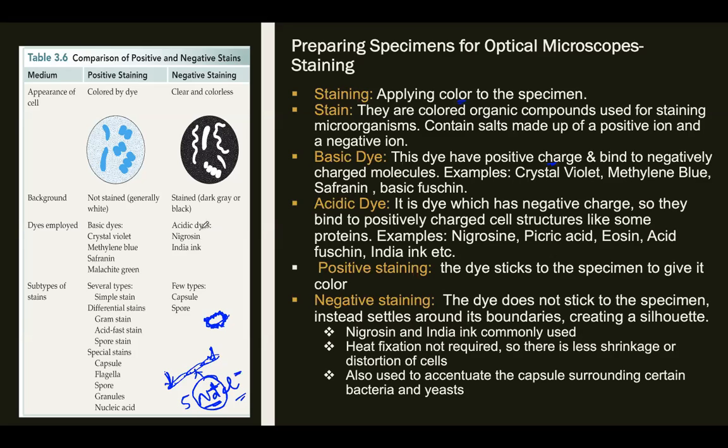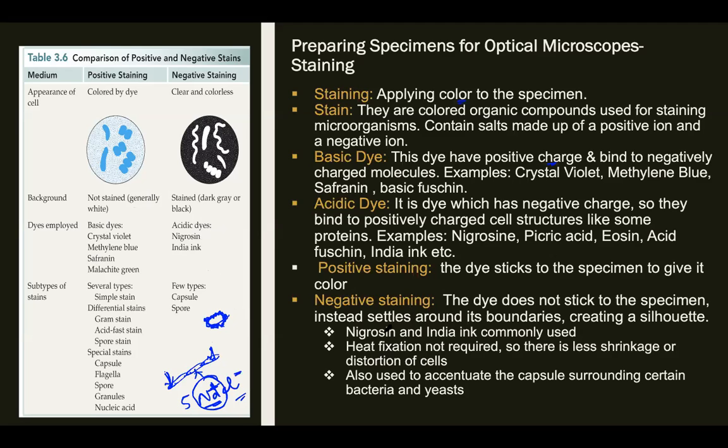That gives a clear shape and structure, and that capsule is a slimy layer, and there is a little gap between the capsule and the outer cell wall. So by doing this negative staining, we can identify the presence or absence of the capsule.